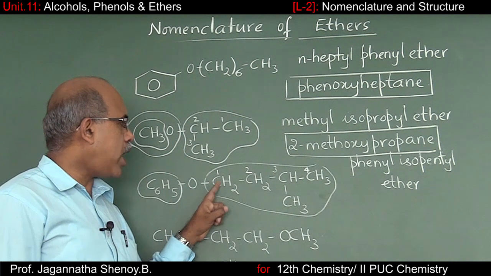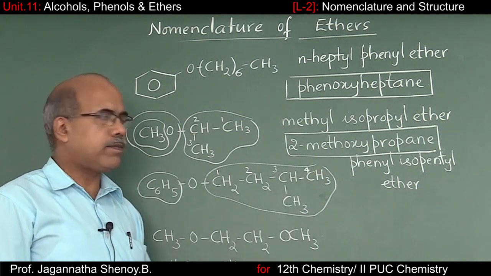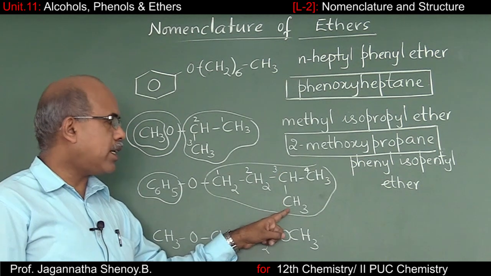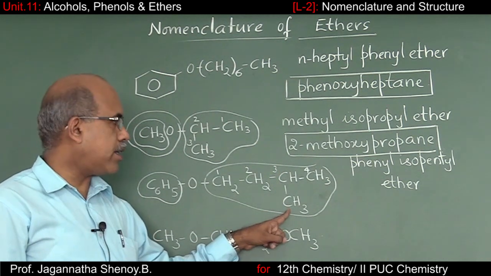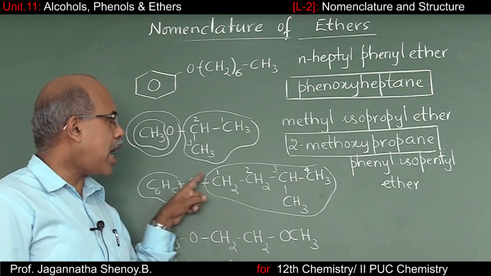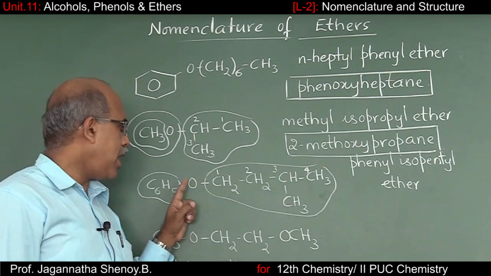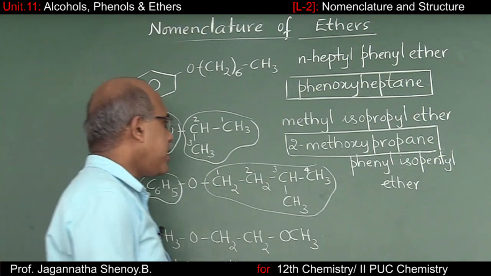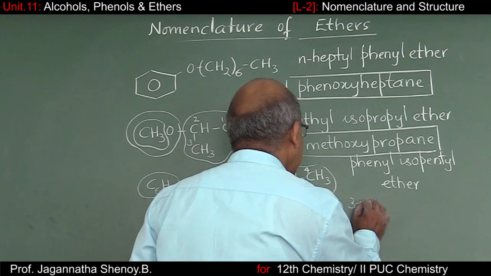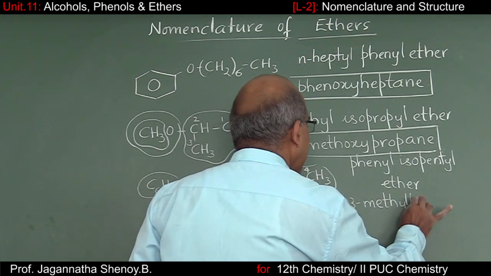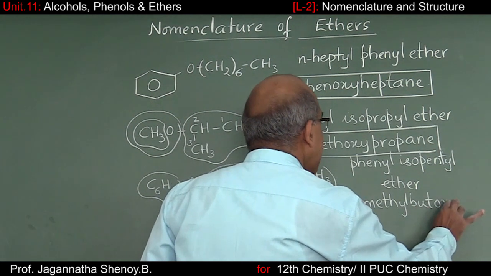So numbering will be 1, 2, 3 and 4. On the third carbon atom of the complex side chain, there is a methyl side chain. That's why it is a 3-methyl. This entire group is called butyl, and here we have oxygen. So what is the IUPAC name? The IUPAC name must be 3-methylbutoxy.